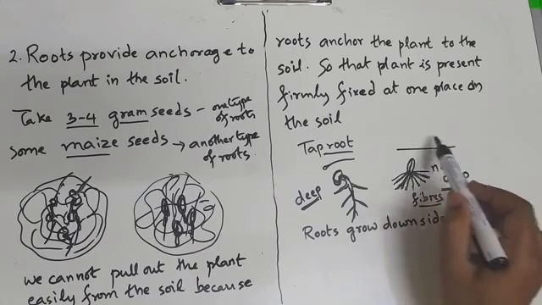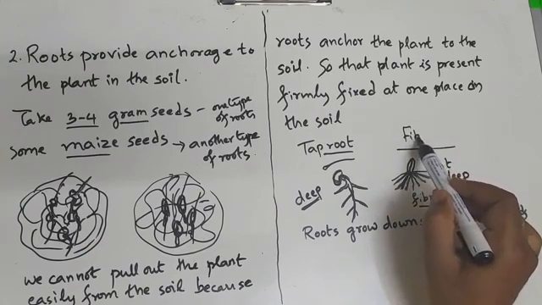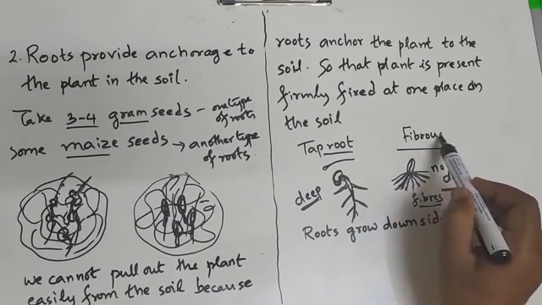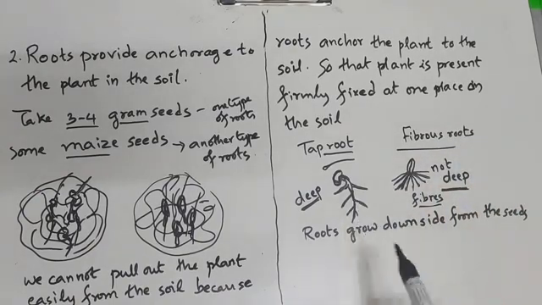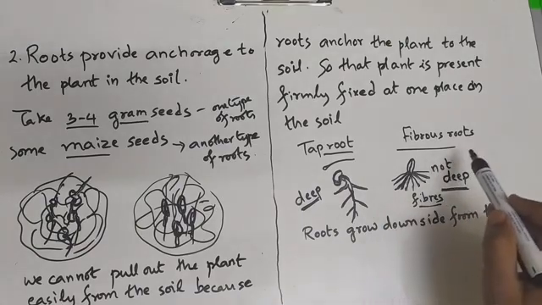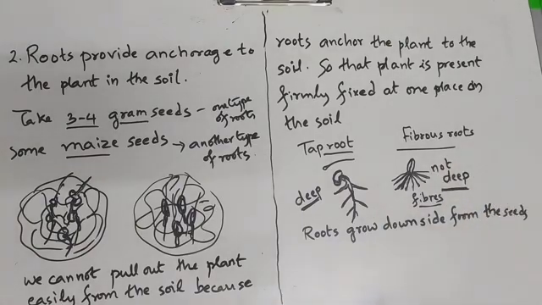This type of root system is called fibrous root system. Tap roots grow deep in the soil. Fibrous roots do not grow deep in the soil. They grow only to a very limited depth. Okay.